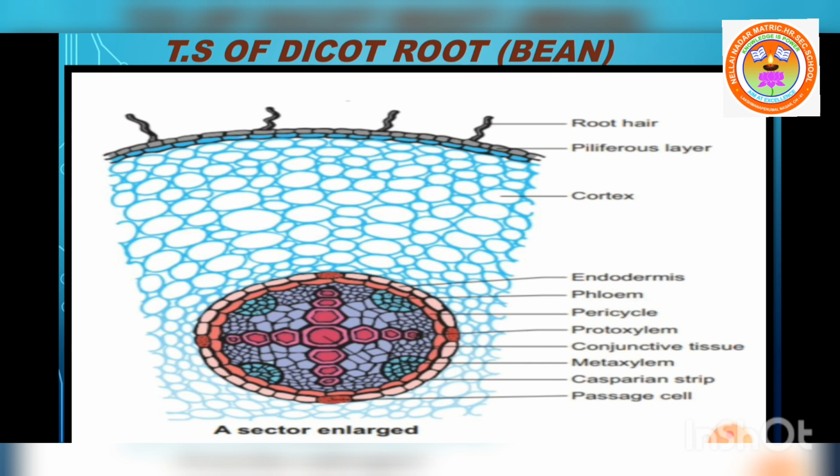In the endodermis of root, we can see Casparian strips and passage cells. The endodermal cells which are opposite to the protoxylem points are devoid of Casparian strips. These are called passage cells. They help in the movement of water and dissolved salts from cortex into xylem.